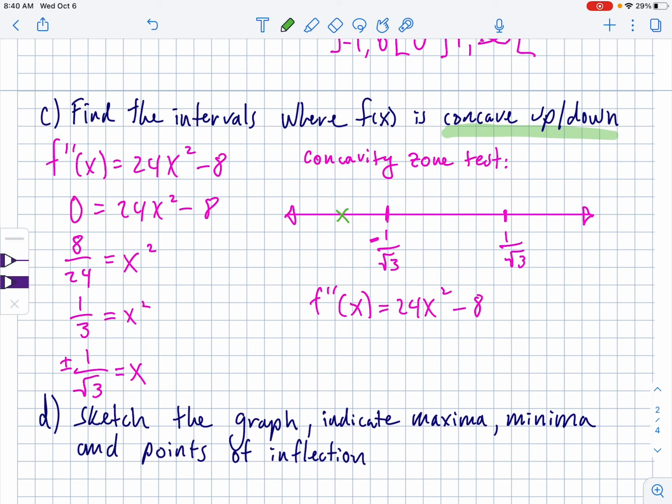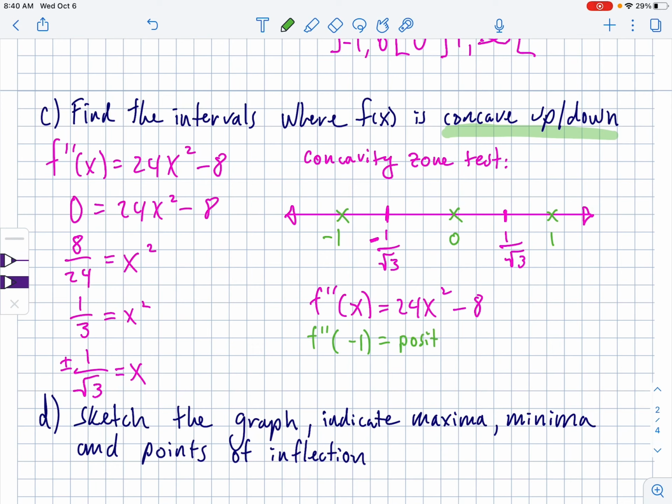Now, I'm going to pick numbers that are in zones. -1 over square root of 3 is like a decimal that's not quite to -1. So I'll choose -1, 0, and positive 1. Those seem like easy ones.